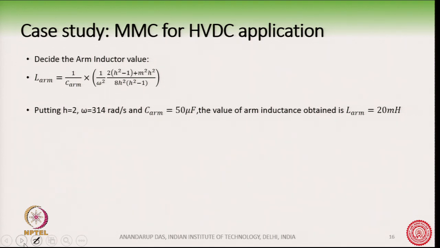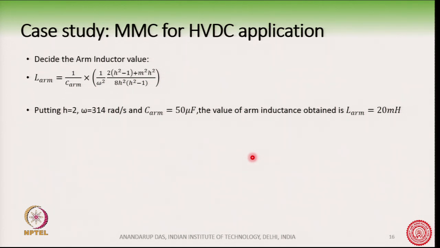Again, once we have decided this arm capacitance, then we decide the arm inductor value, which can be obtained from this formula here. If you put H equal to 2 and omega 314 and C arm as 50 microfarad, the value of the arm inductance is about 20 millihenry.